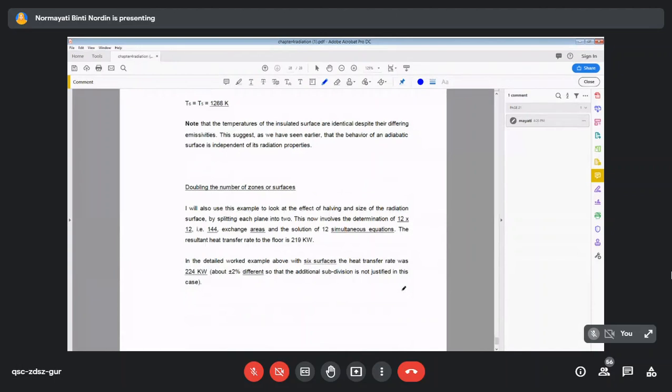So that's why tak bermaksud memang dia akan lagi tepat, tetapi the detail work, by splitting 12 zones instead of 6, dia dah memakan lebih banyak effort lah. Tapi dia punya difference-nya only 2%. So it's not justified lah in this case for you to split the zones until 12. Okay. So itulah antaranya, you will learn this by experience lah untuk split the zone.